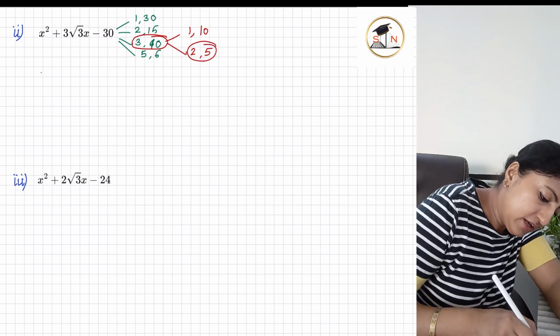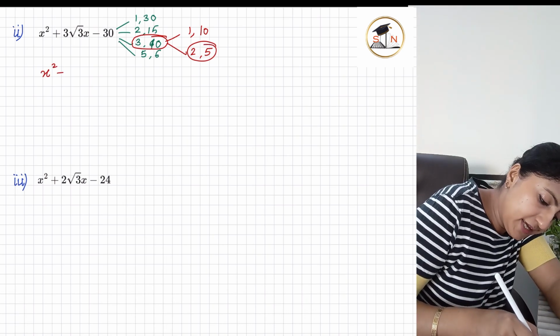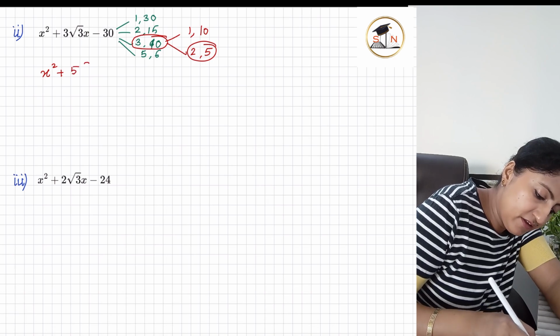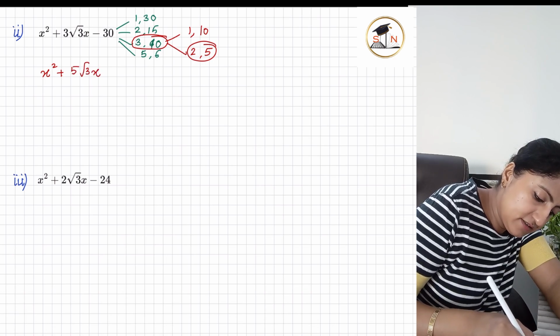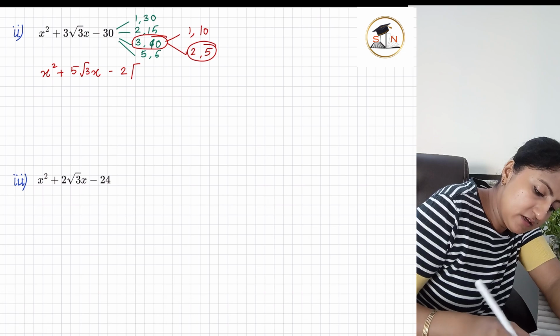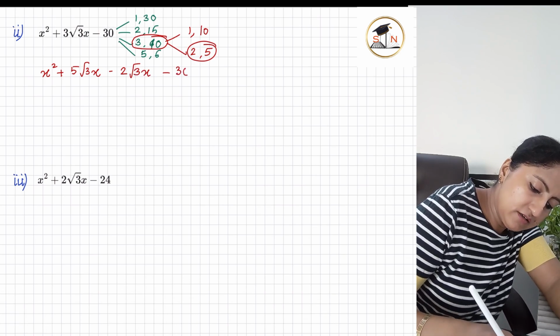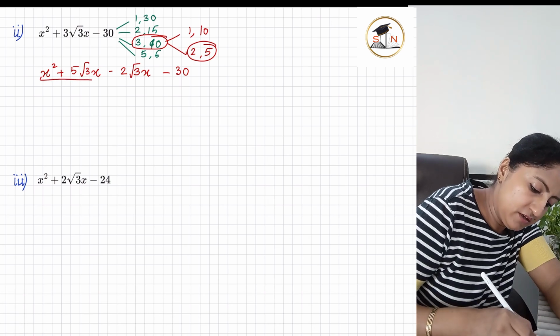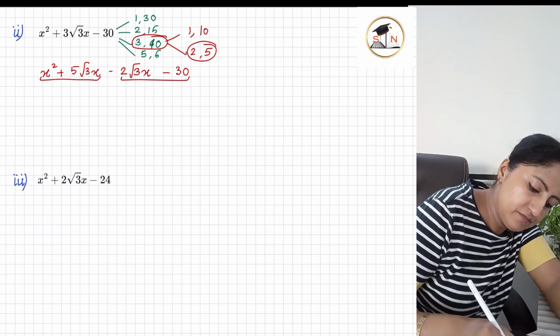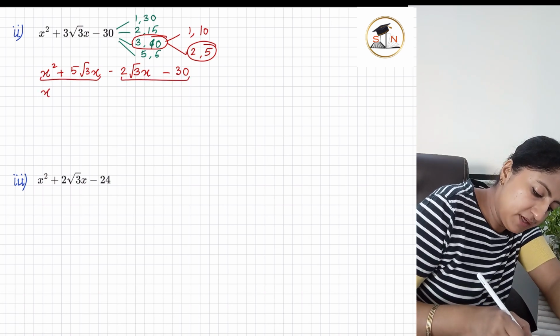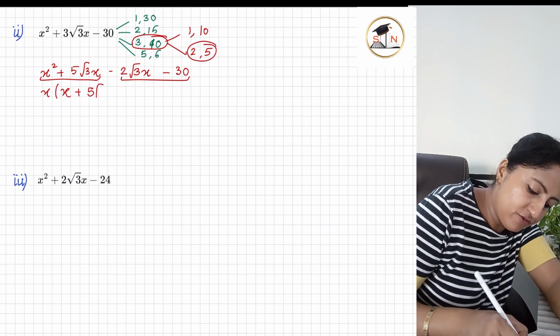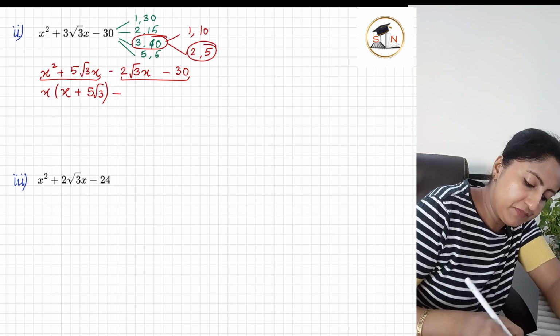Okay. Now, what is going to be the first step? x square plus 5 root 3x minus 2 root 3x minus 30. We will make two groups now. The first group leaves me x as a common factor. I am left with x plus 5 root 3 in the first bracket.